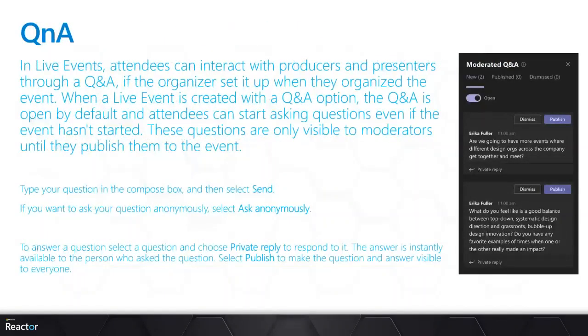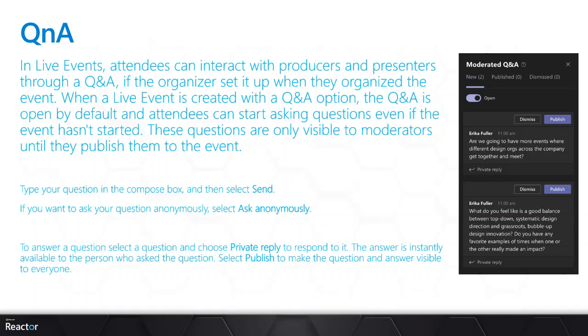So the Q&A is where attendees can interact with the producers and presenters. The way it works is attendees can't talk to other attendees. This view here is from a producer or presenter. They receive questions that have been sent from the attendees.